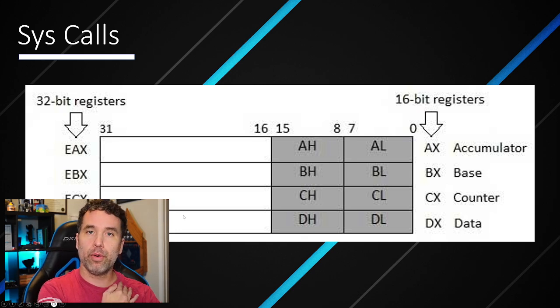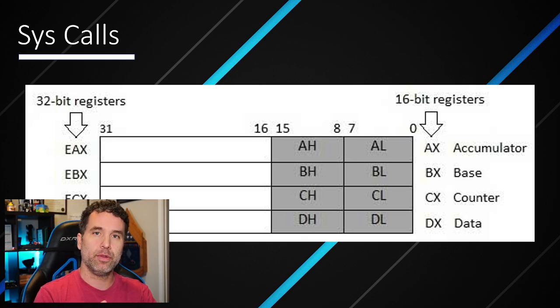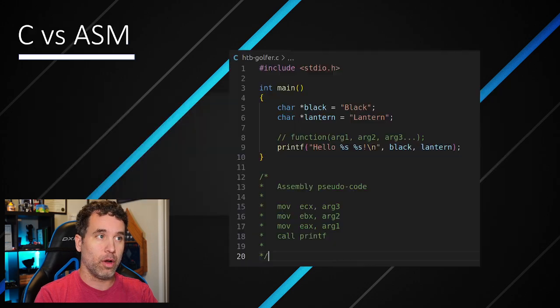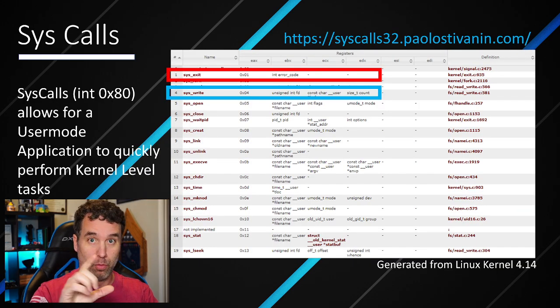But we're putting AL and BL into there. But when we looked at our previous slide, it said that we needed EAX, EBX, and ECX, but we're putting in ALs and BLs.